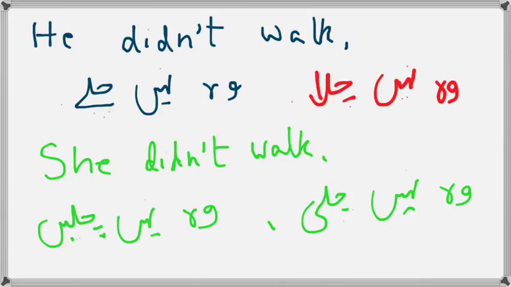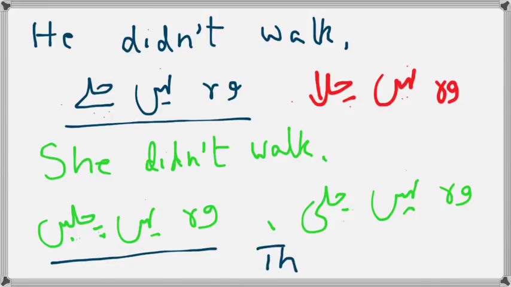I would like to tell you one thing, that वो नहीं चले and वो नहीं चली are also used for they. They didn't walk. So if we want to say that we are talking about a group of people who are all male, then we say वो नहीं चले. Or if that is a mixed group, then we say वो नहीं चले. But if that group is only a female group, then we say वो नहीं चली.